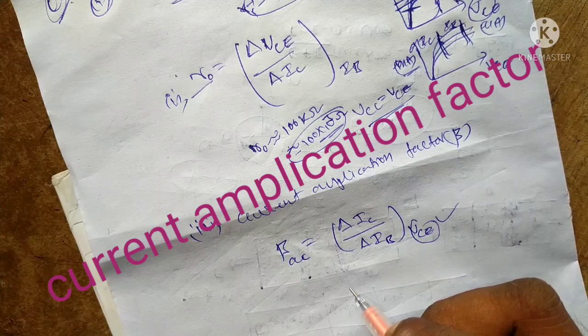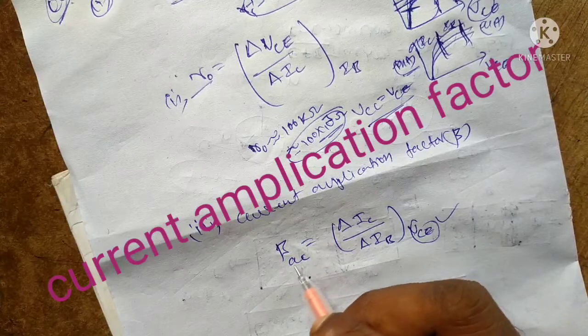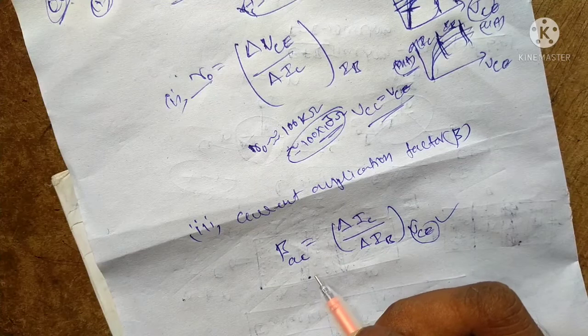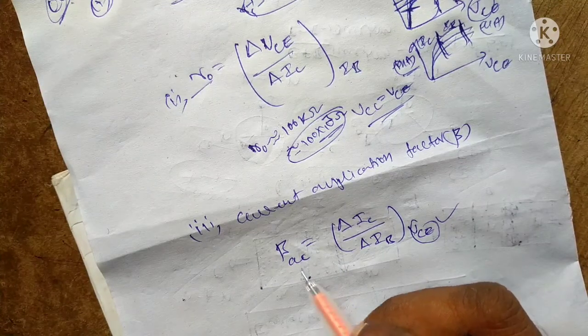The current gain beta gives the signal information, and also very large values.